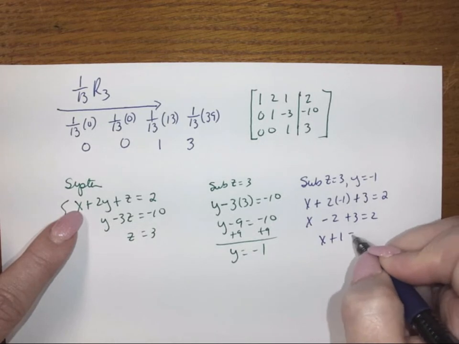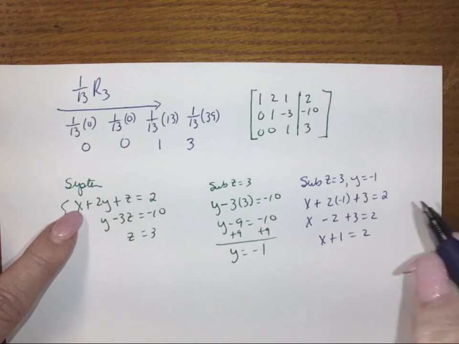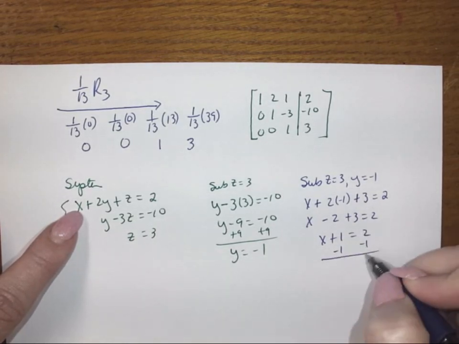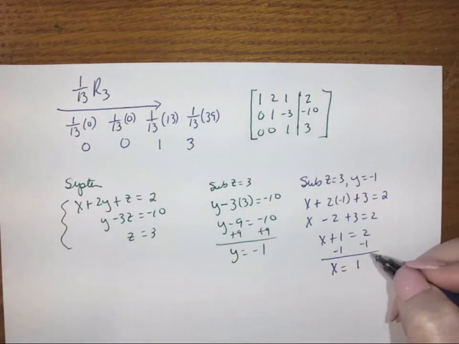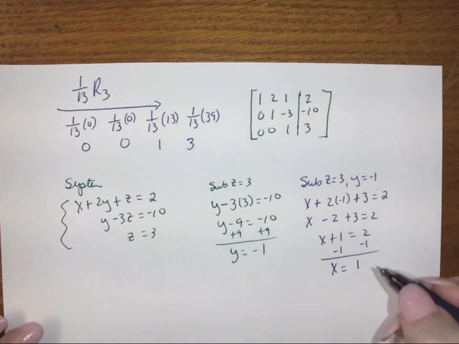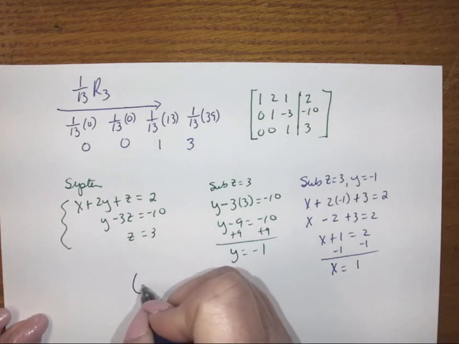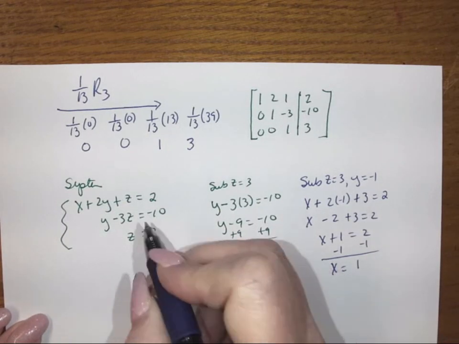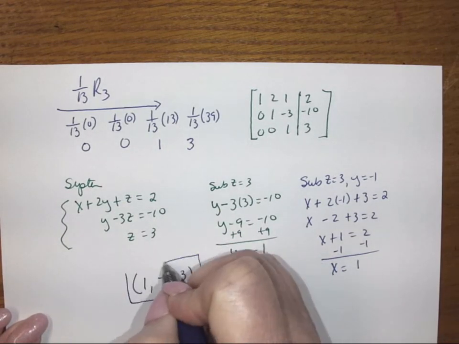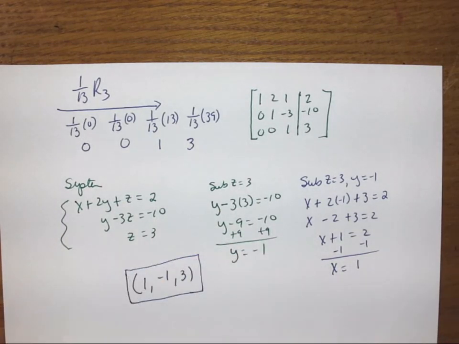So x plus 1 equals 2, combining our like terms. Subtract the 1 over, we get x is equal to 2 minus 1, which is 1. So what are our answers? We have x is equal to 1, y is equal to negative 1, and z is equal to 3. And that would be the ordered triple that solves our system. And you again can check that in the original system.